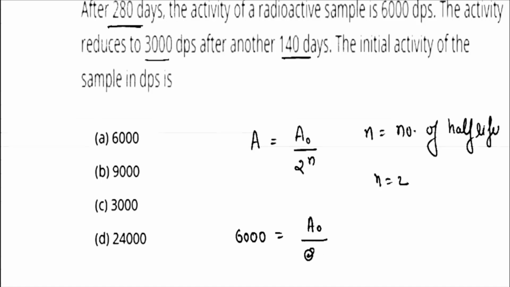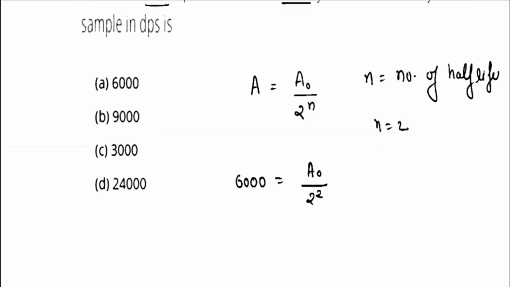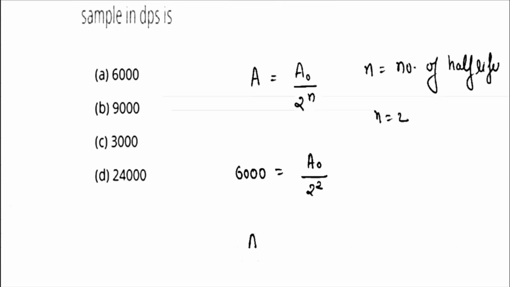So I will write 2 to the power 2. It will be 24,000 dps. Now you can see the correct option here will be D, 24,000 dps.